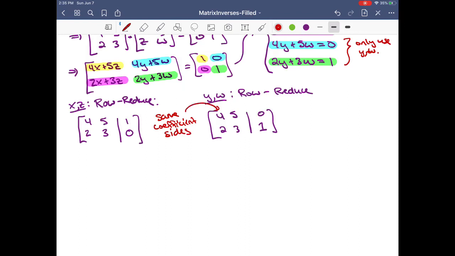So that's this side here. The augmented or constant sides are different, but the coefficient sides are the same. So what that means is they're going to use the same row operations to solve both. So we could solve them at the same time.